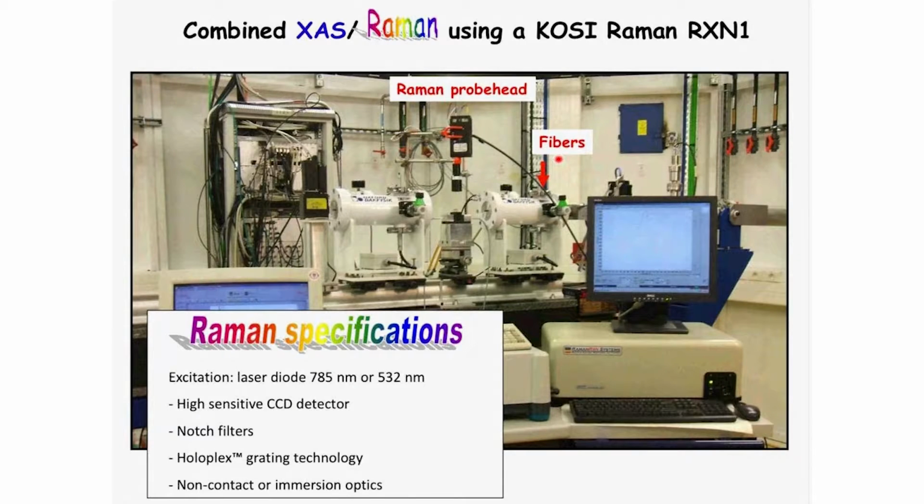So, at Soleil, on the SAMBA beamline, we have two Kaiser Raman RXN1 spectrometers. One of these spectrometers is equipped with a near-infrared laser diode working at 785 nanometers, and we have another one equipped with a green visible laser diode working at 532 nanometers.